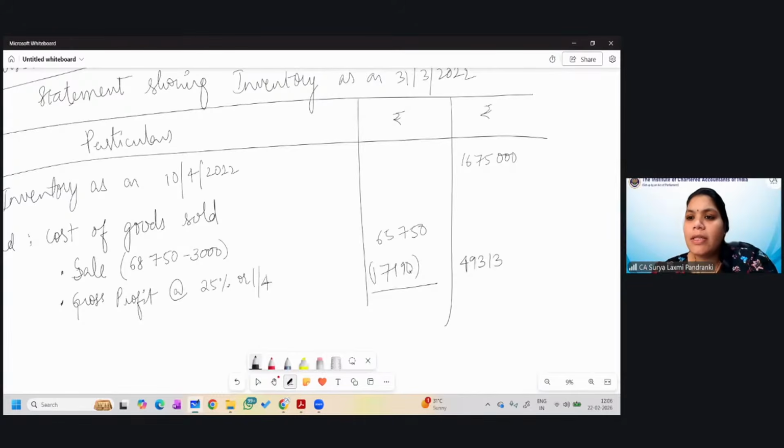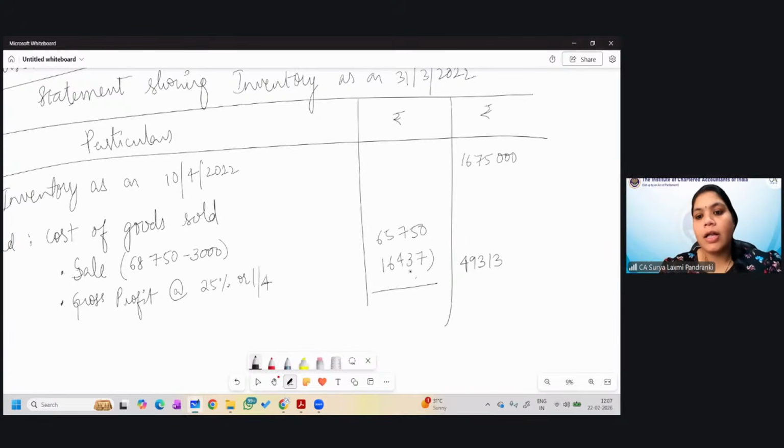I think Pratik is giving a different answer. 16,437. Which one is right? 17,190 is right or 16,437 is right? Which one is right? 16,437 is right. Okay, okay, I'll change it. Okay, got it. So it is 16,437.